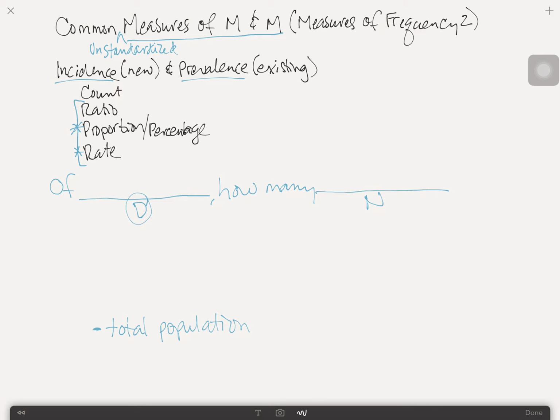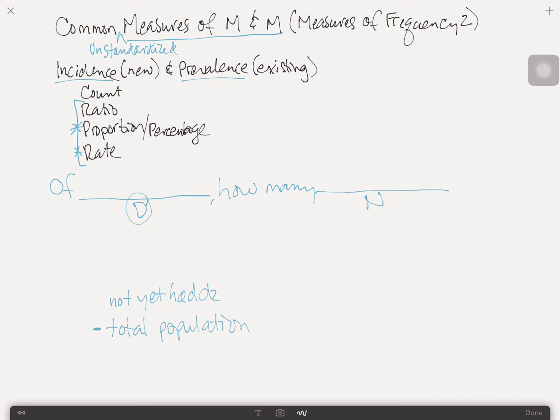But I like to break it down into smaller increments or steps, because there are a variety of things that we can use as that denominator data, and there are a variety of things that we can use as our numerator data. So of the total population, a subpart of that is those who have not yet had the disease that we are interested in, or the exposure, or whatever.